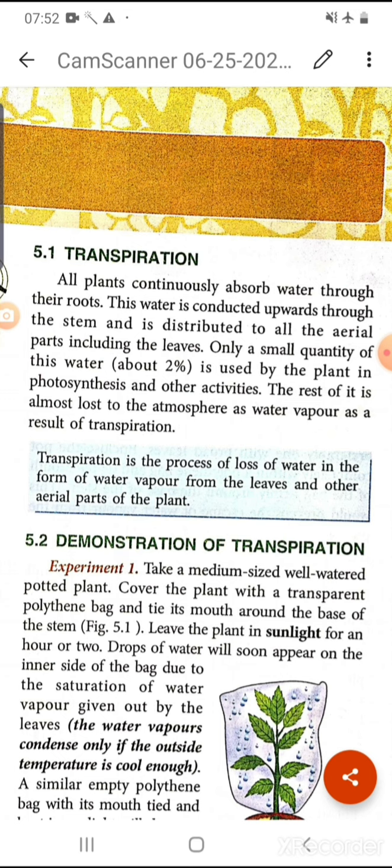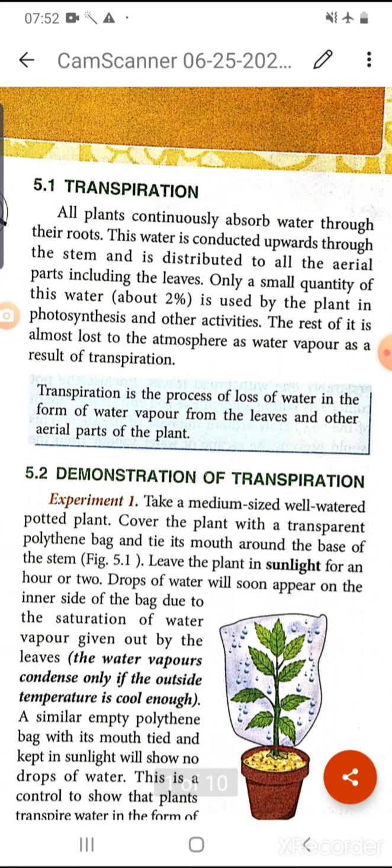But only a very small quantity of this water, about 2%, is used by the plant in photosynthesis and other activities. So what will they do with the rest of the water?